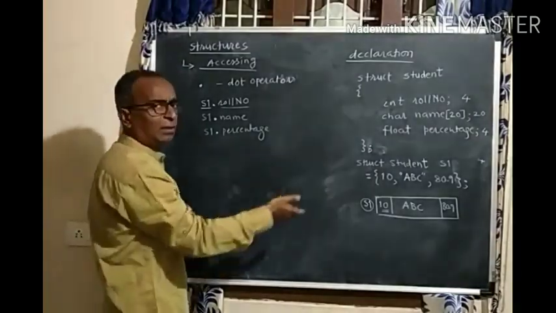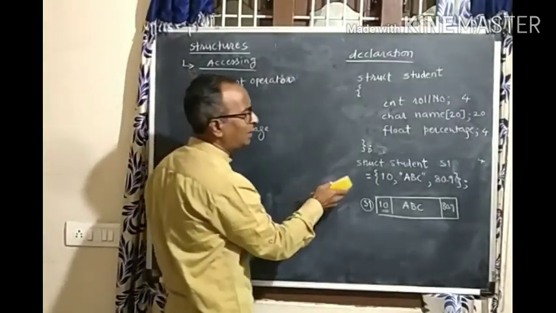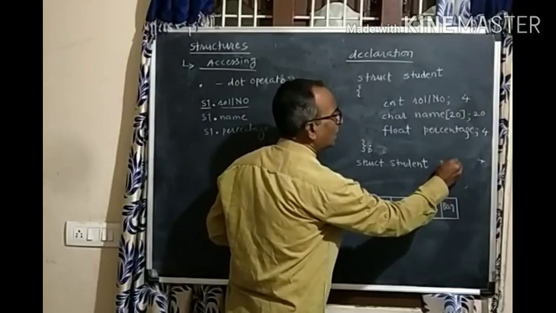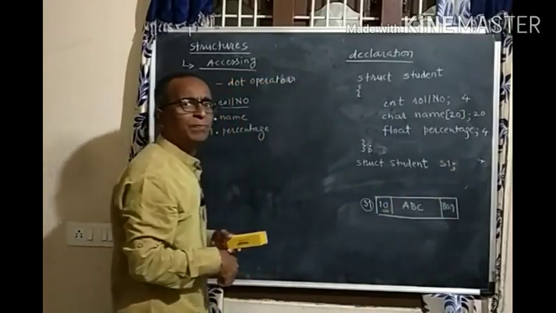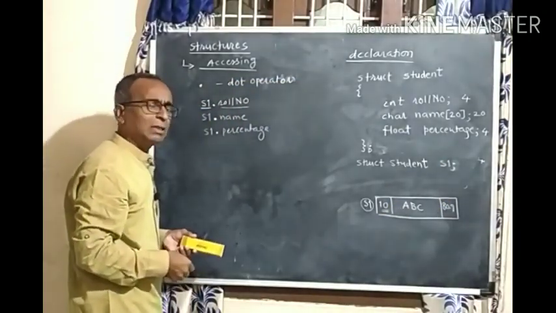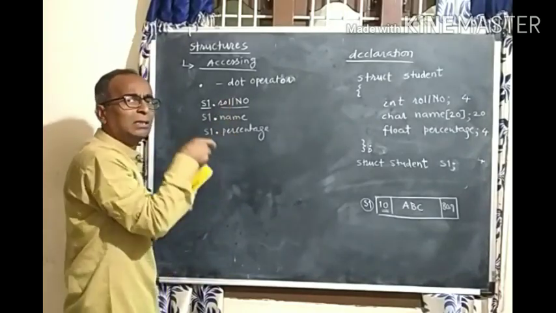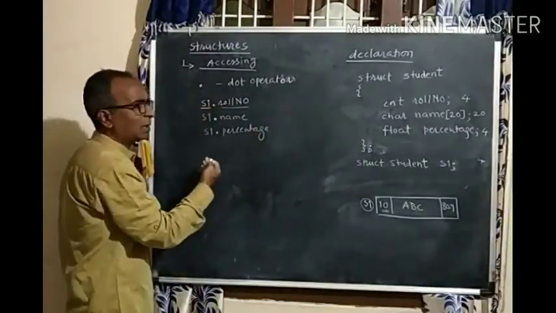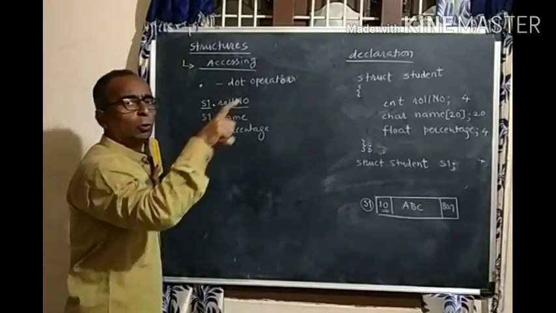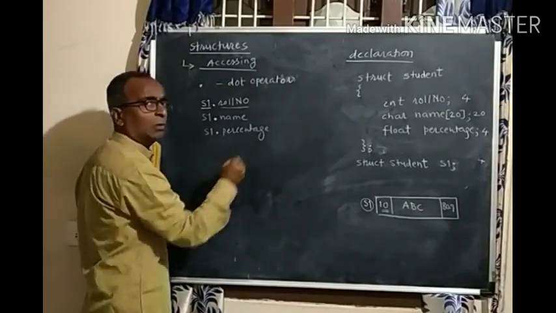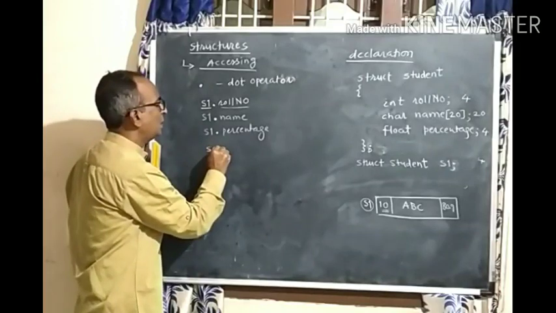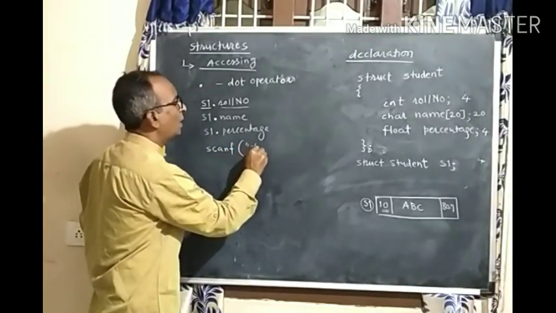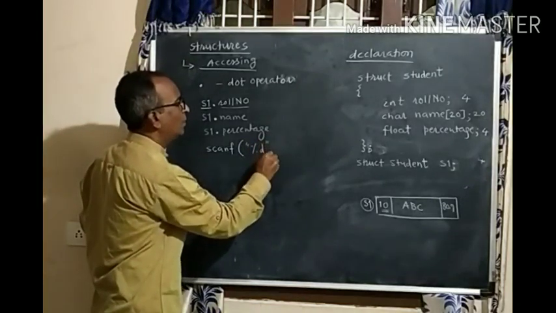Similarly, you can read the information instead of initializing here. I don't want to initialize here, I want to read the values. You can write scanf for that and accessing that location will be in the same way. Suppose I want to print enter roll number, then scanf is written this way, we are reading an integer value.